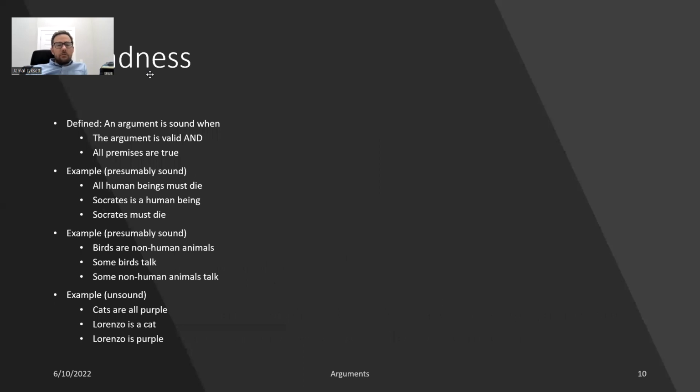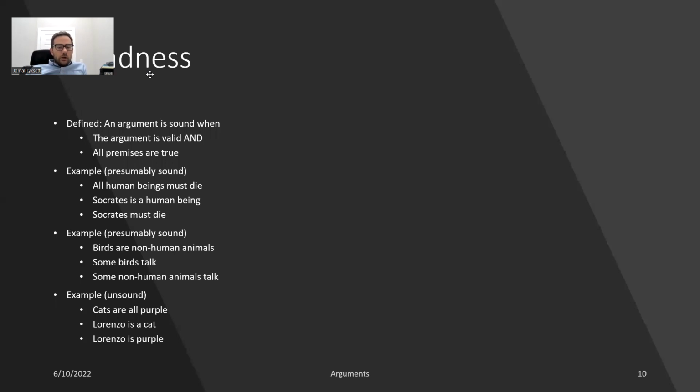Now, what about soundness? Remember, soundness requires two things: both that the argument is valid and that all premises are true. For the first here, all human beings must die. Socrates is a human being, therefore Socrates must die. Now, I think we can probably agree that all human beings must die, that is, they're mortal.